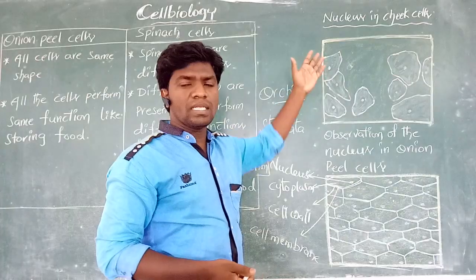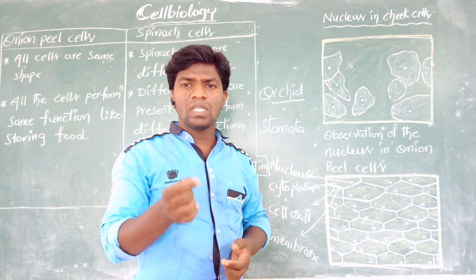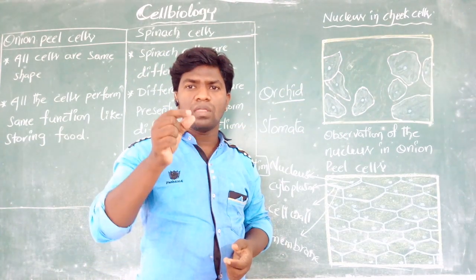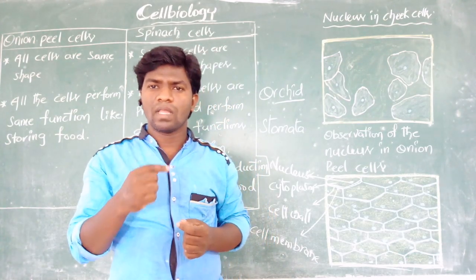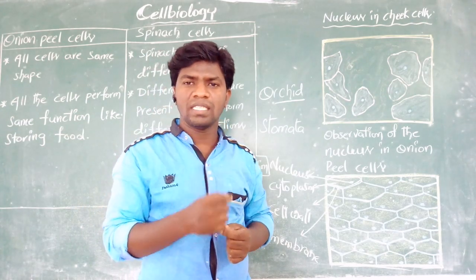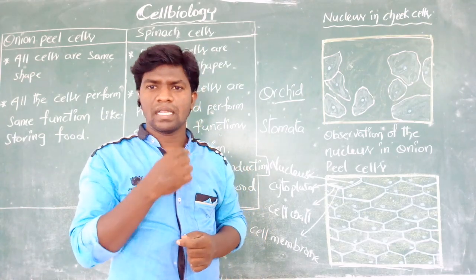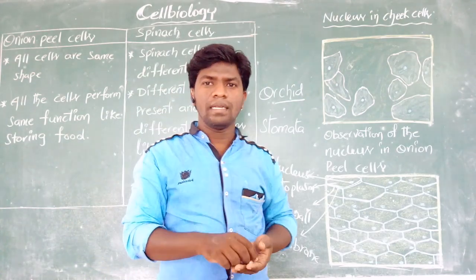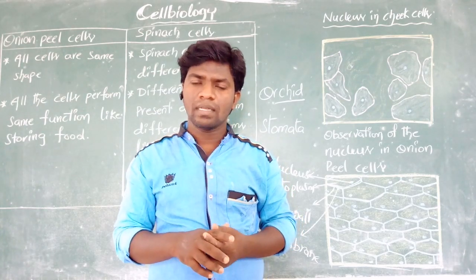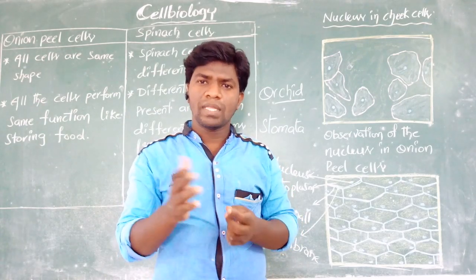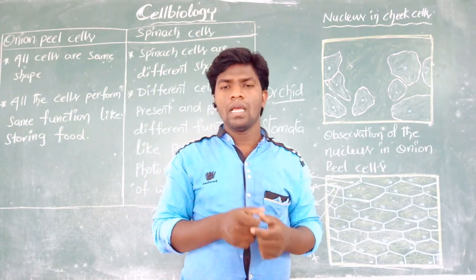Next, in the previous class we discussed the nucleus in human cheek cells. For this we need a wooden spoon or plastic spoon. Take the wooden spoon, scrape the inner side of the cheek and collect a sample of cheek cells, place it on a slide, add 1 to 2 drops of methylene blue glycerin and 1 drop of water, and observe under the microscope.